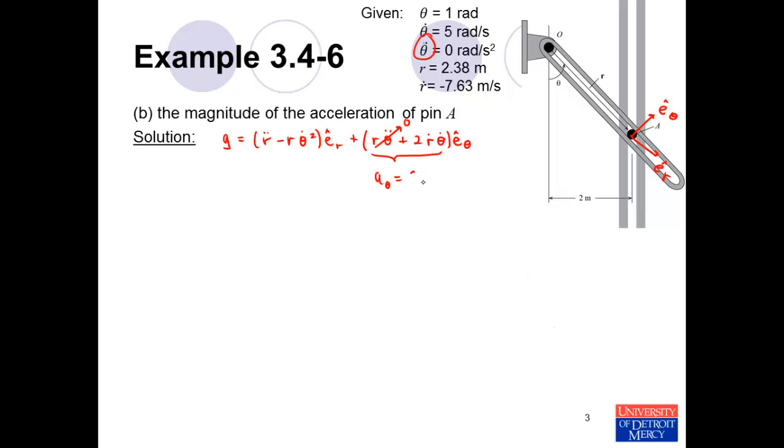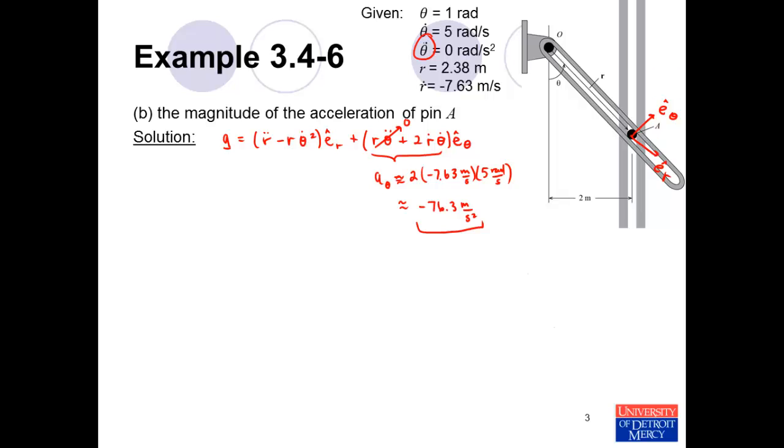So it's equal to 2 times r dot, which is negative 7.63 meters per second, times theta dot, which is 5 radians per second. We multiply that out. We get that the transverse component of the acceleration is approximately negative 76.3 meters per second squared. Notice that when we multiply these out, we in essence treat radians as a non-unit.